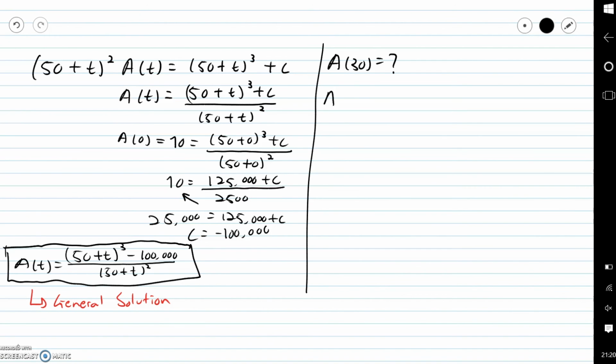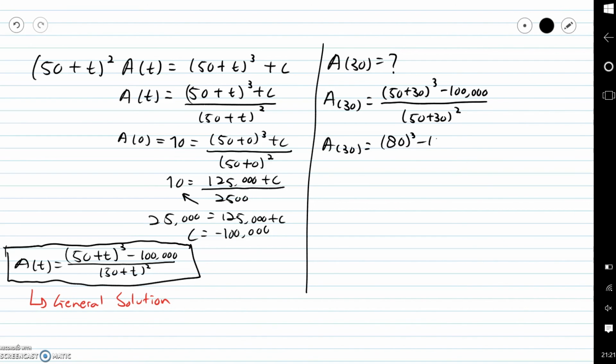So we just simply plug in t equals 30 and we'll get our answer, which is 64.375 pounds.